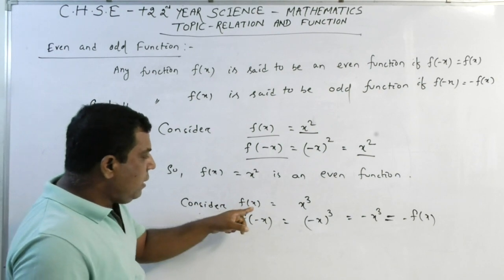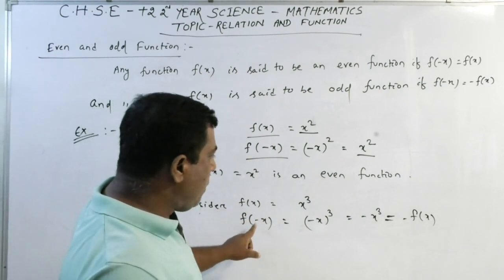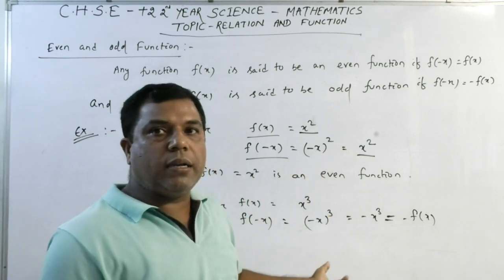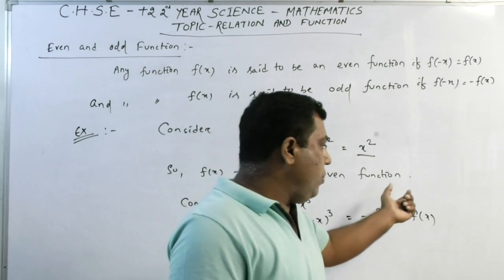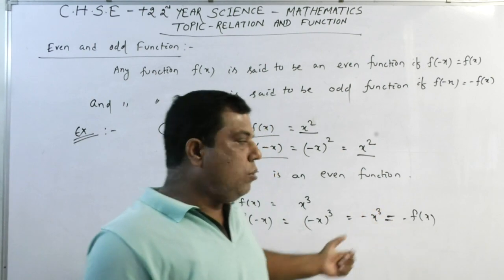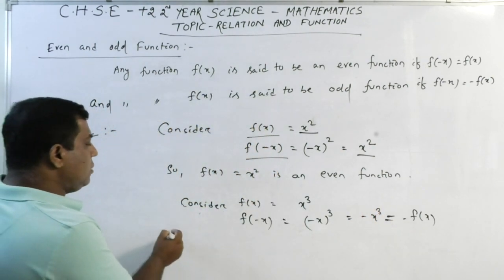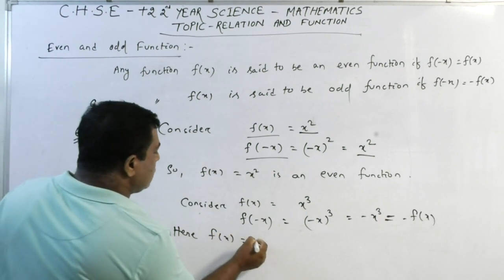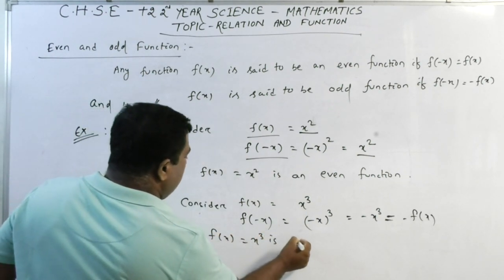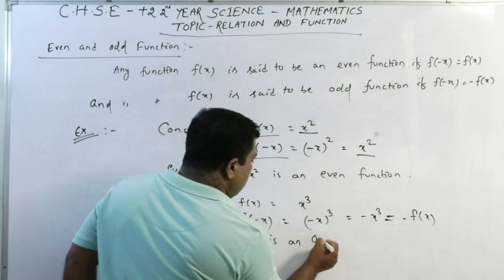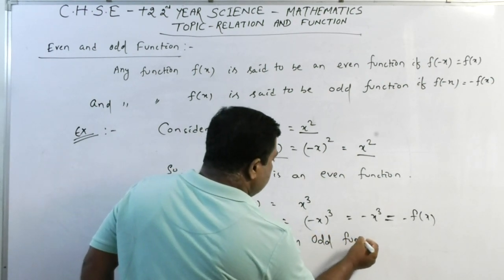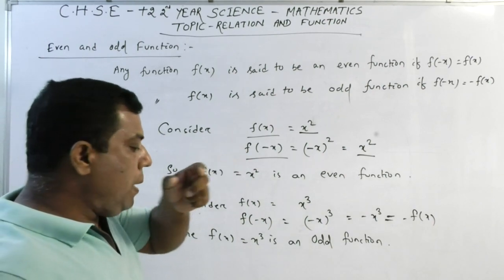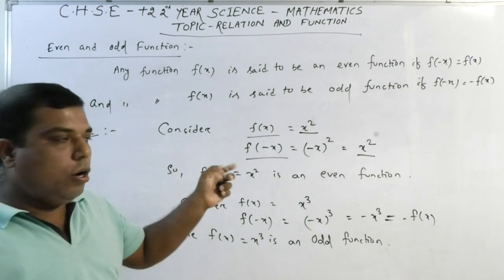If I change the parameter, the functional value also changes, to the same value with a negative sign. So f of x equals x cube is an odd function. This is the concept of an even function and an odd function.